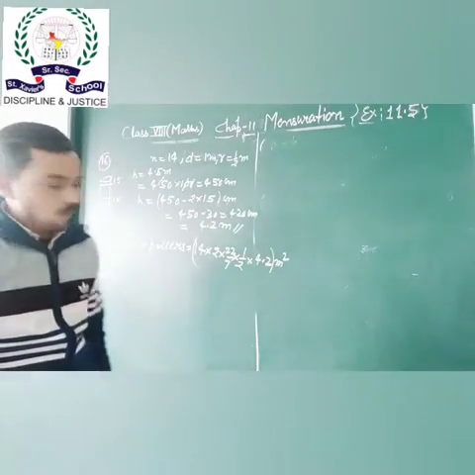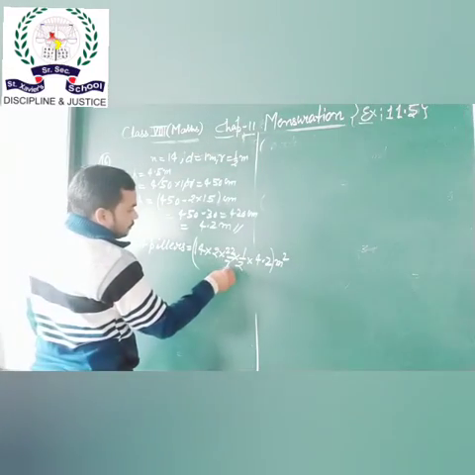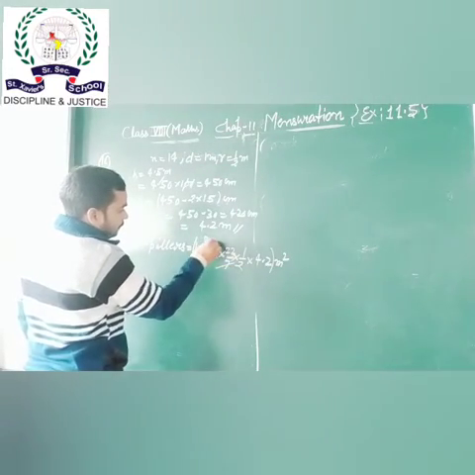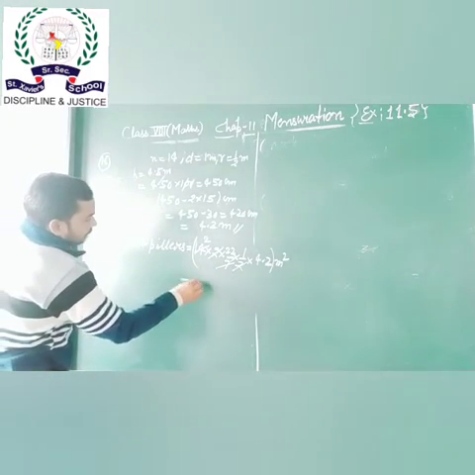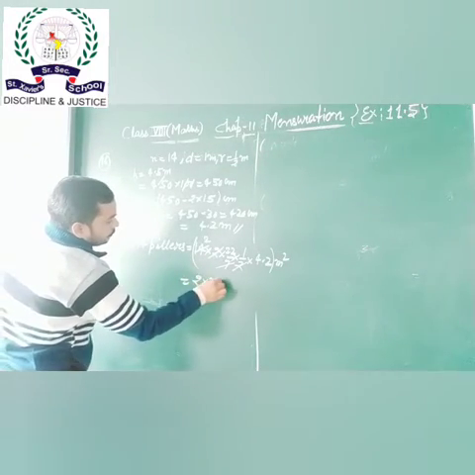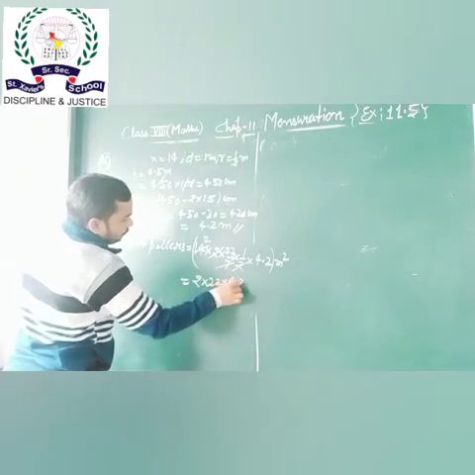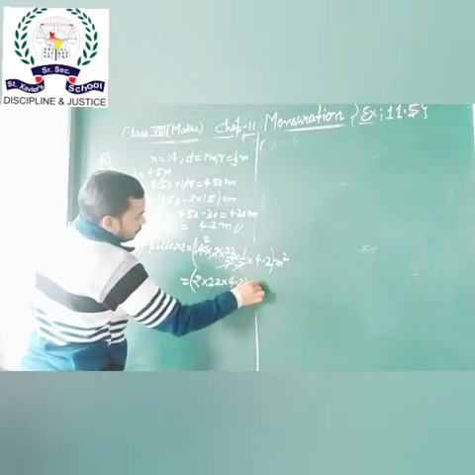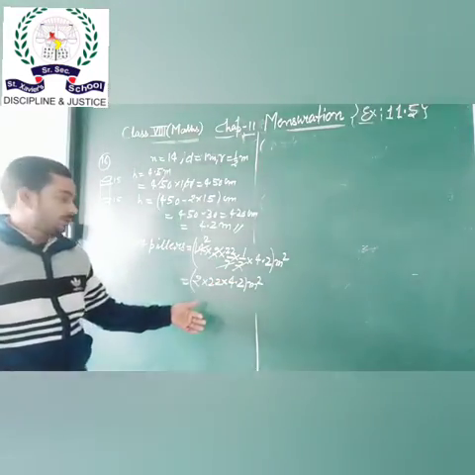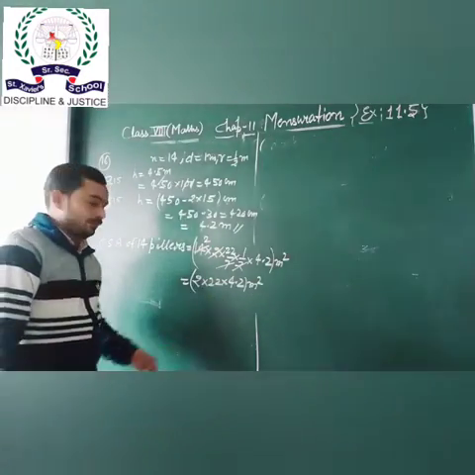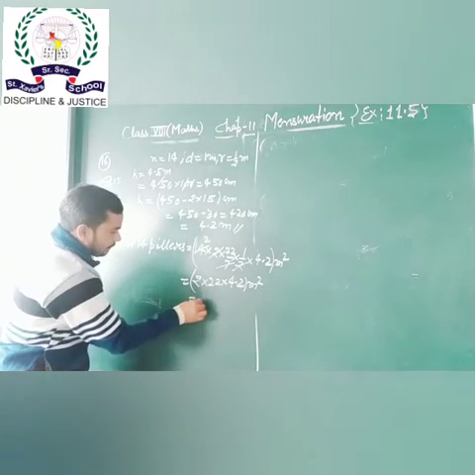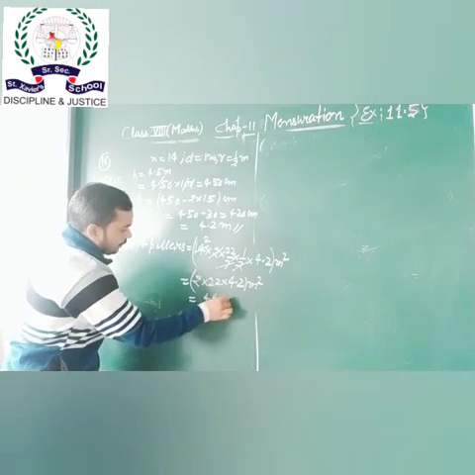Then divide. So 7 2 ja 14, 2 divided by 2. So we have 2 into 22 into 4.2. 2 into 22 into 4.2. 22 2 ja 44. 44 into 4.2.